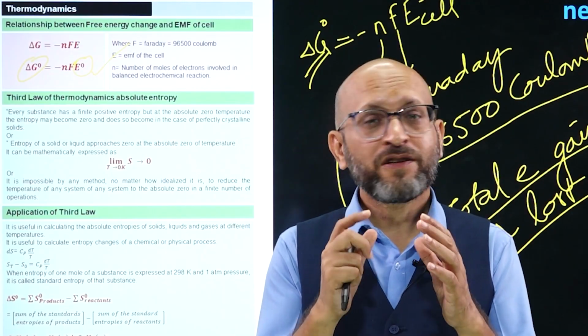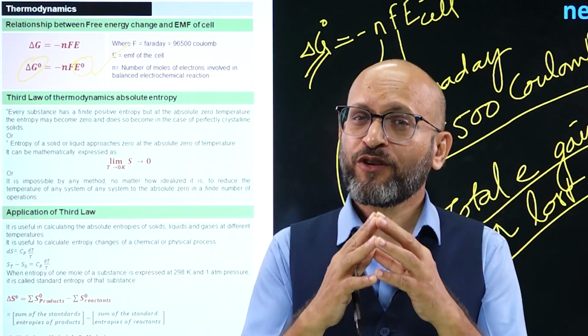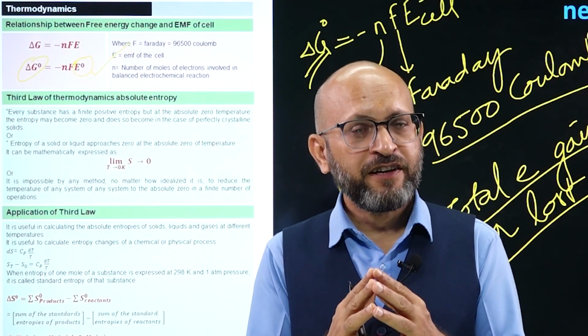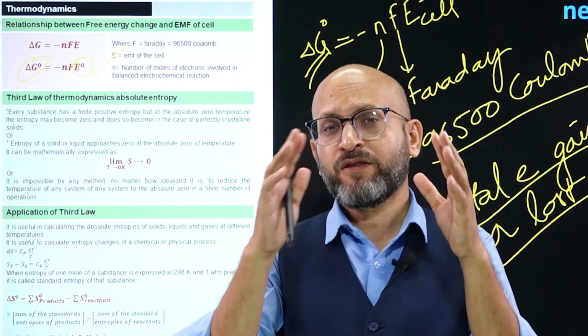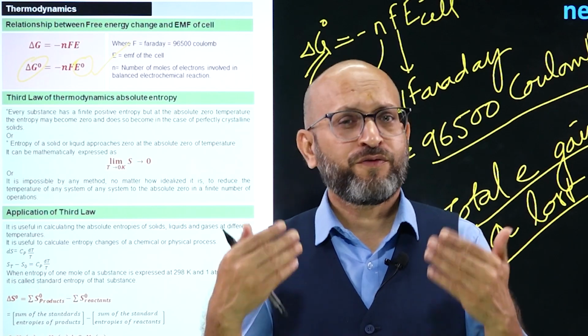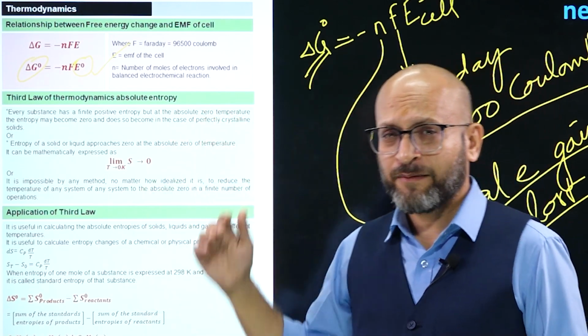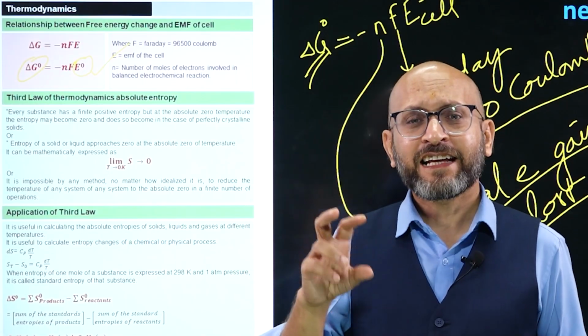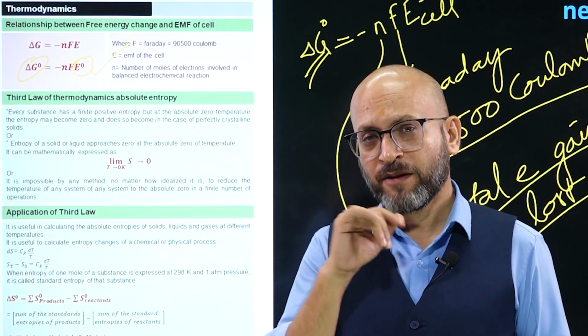Absolute zero temperature means 0 Kelvin. At 0 Kelvin, a perfectly crystalline substance will have a total entropy equal to 0. Right? So what is the use of that? The use of the third law of thermodynamics is basically in calculating entropy values or entropy change during a process.